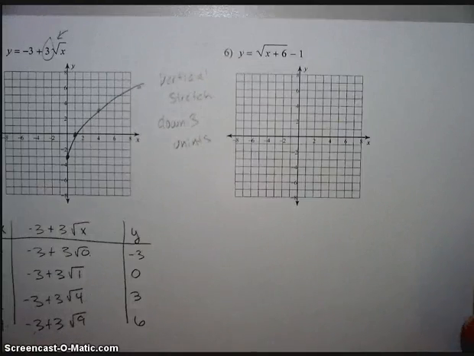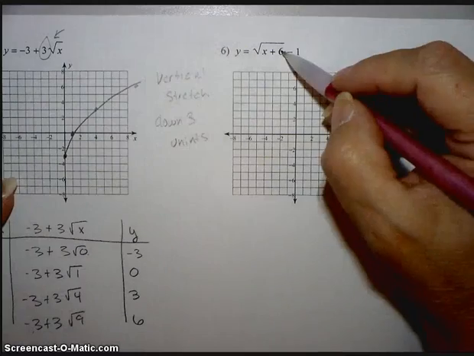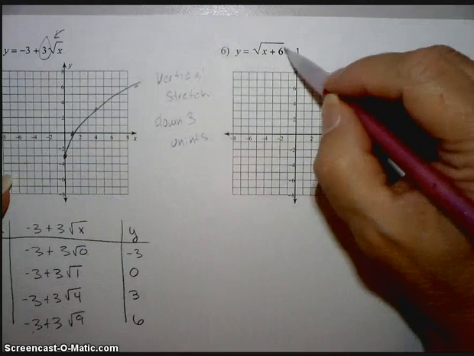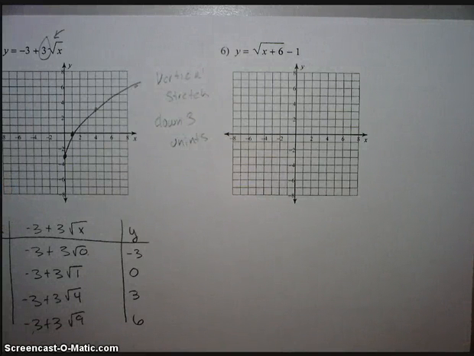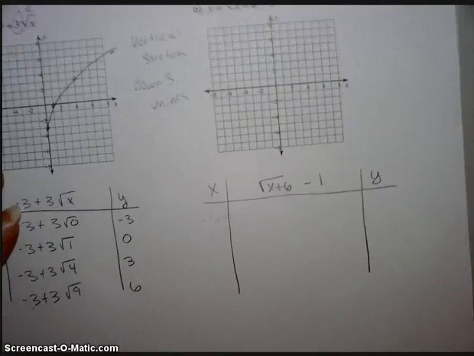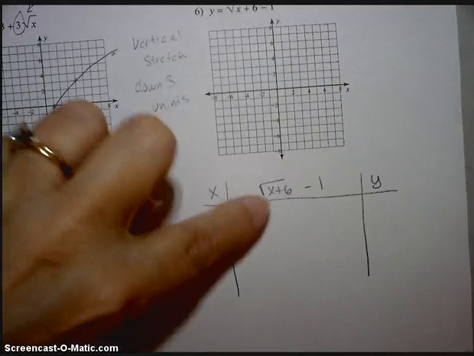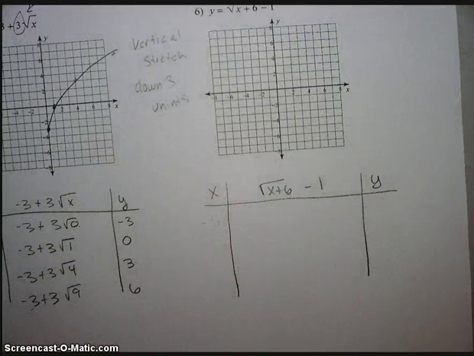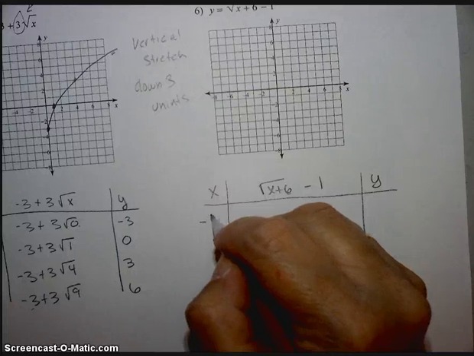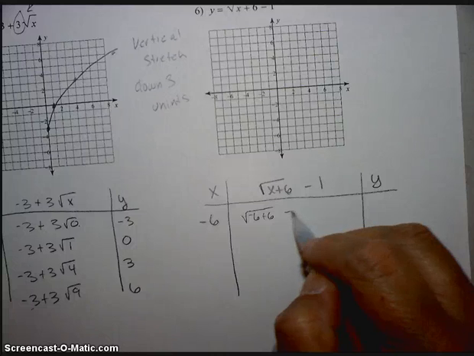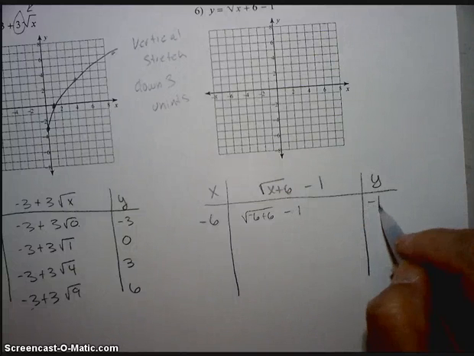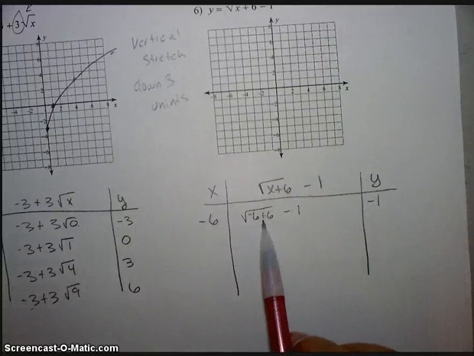Let's look at the last example here. I notice I have 2 translations, a horizontal and a vertical. So let's start with our table of values. We're going to start with what value makes the radicand 0, because we can't have a negative radical, so that's going to be our starting point. If I start at x equals negative 6, that's going to give me 0 under the radical, and then 0 minus 1 will be negative 1. Let's think about our next perfect square.